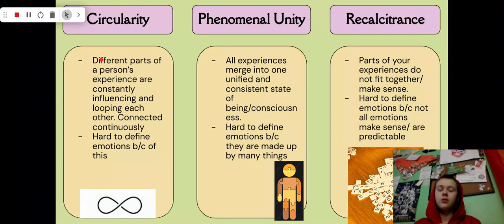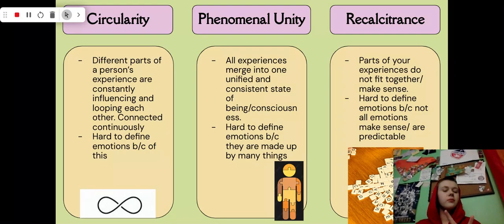We also had to discuss what 3 main problems exist when trying to define what an emotion is. So 3 main problems that people in the cognitive field have when defining emotions are circularity, phenomenal unity, and recalcitrance. The main problem in circularity is how it sounds.